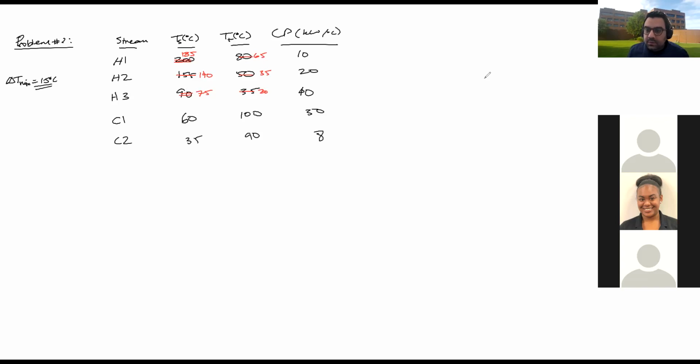Second step will be to arrange them from highest to lowest and define my intervals. What's my highest temperature here? Let me just draw a line. 185, yes.